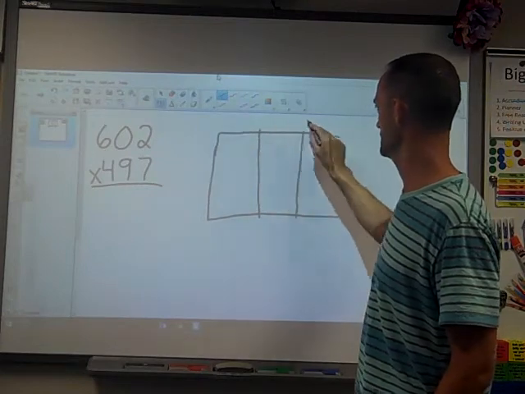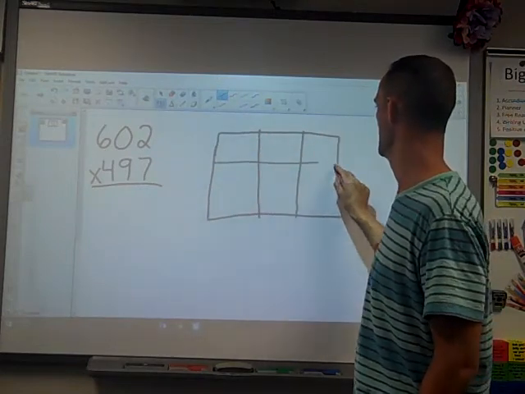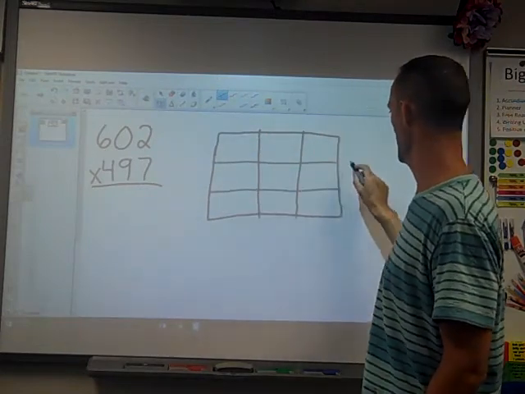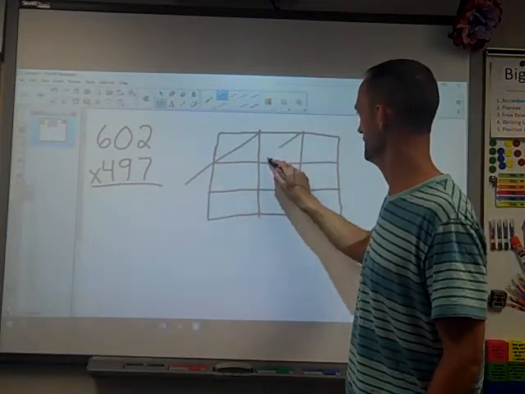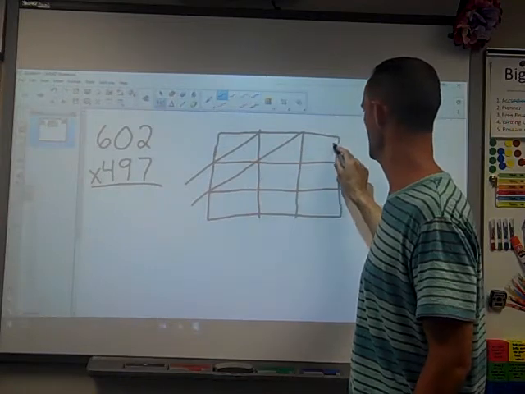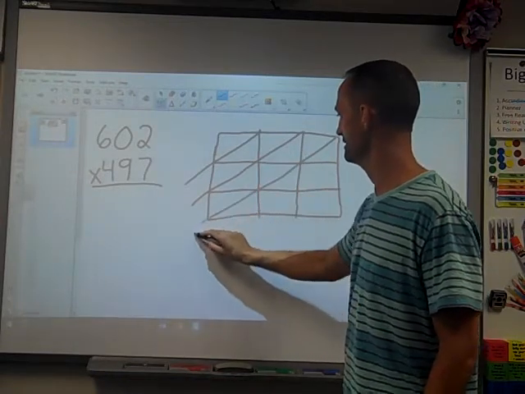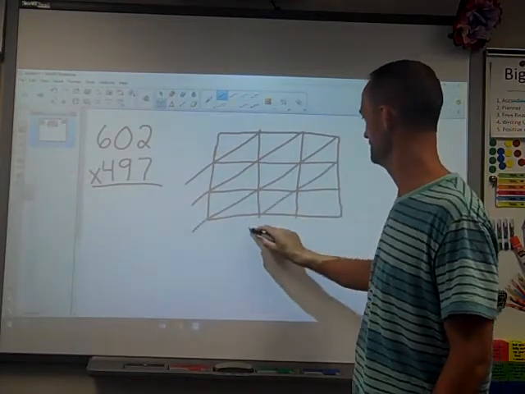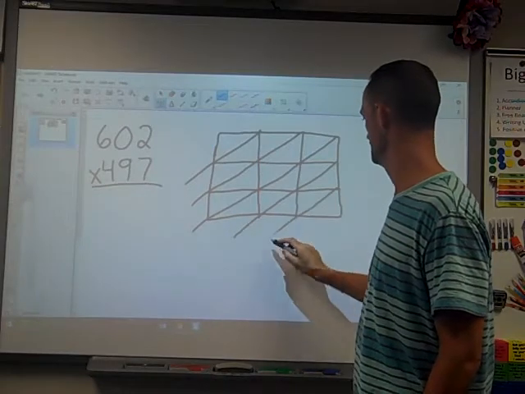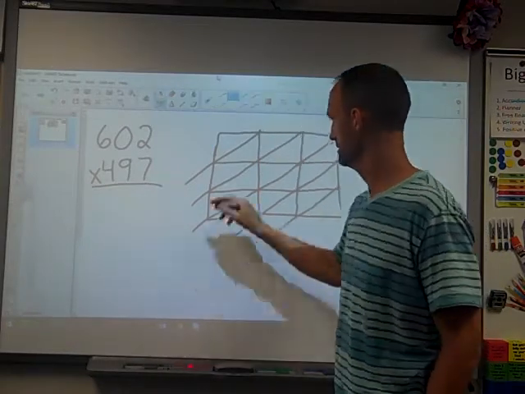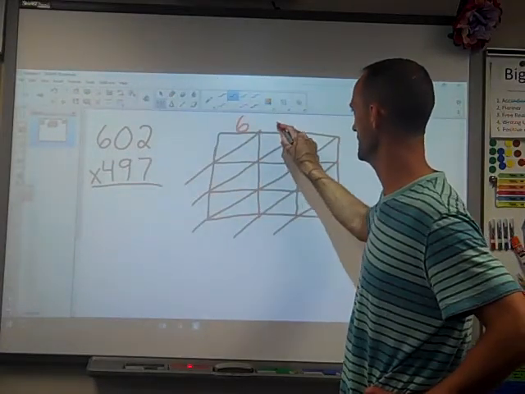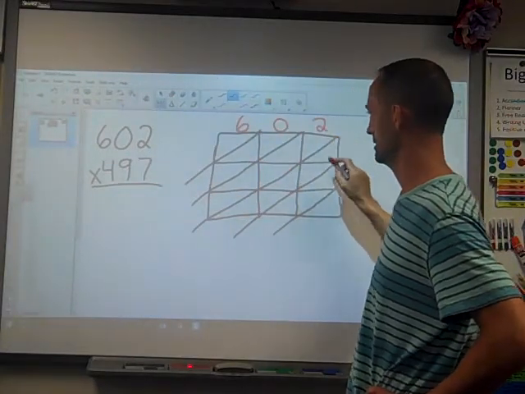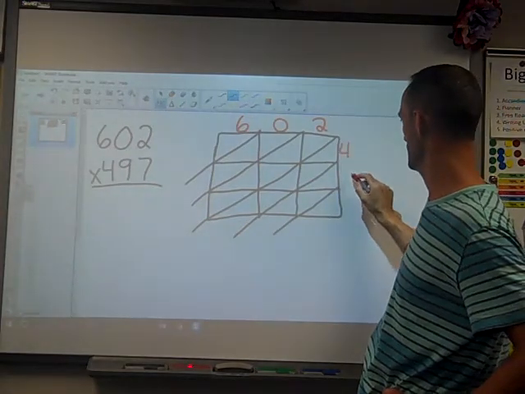So I've got a 3-digit across the top, and I'll have a 3-digit down the side. Again, divide the boxes inside in half with the diagonal line. And since they're both 3-digit, it doesn't matter which number goes on the top or the side. We'll keep it in that same order.